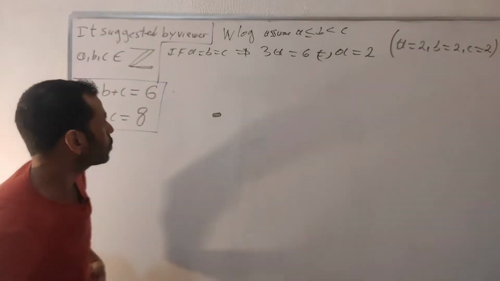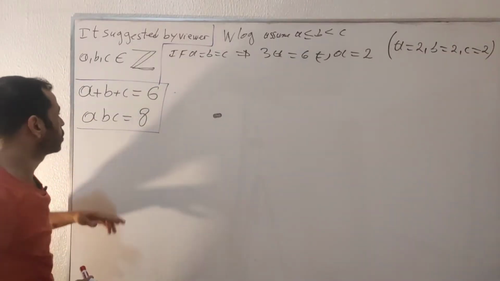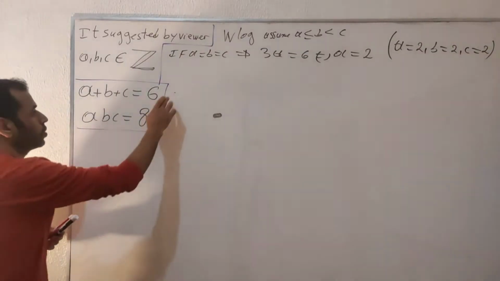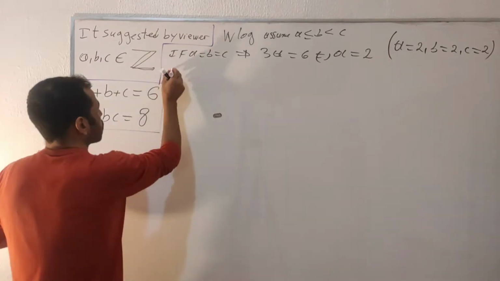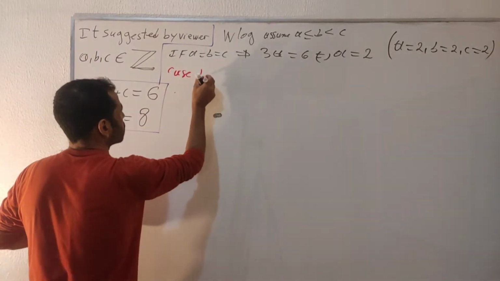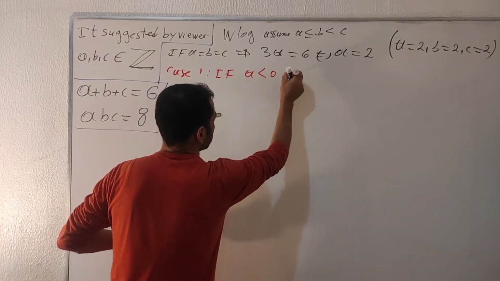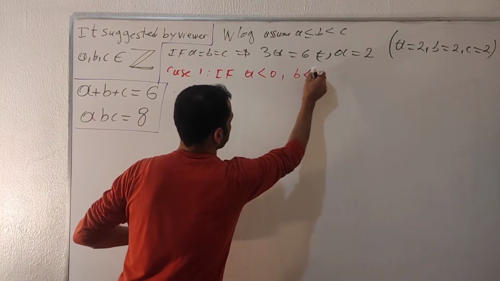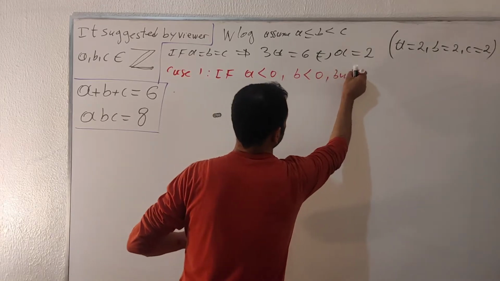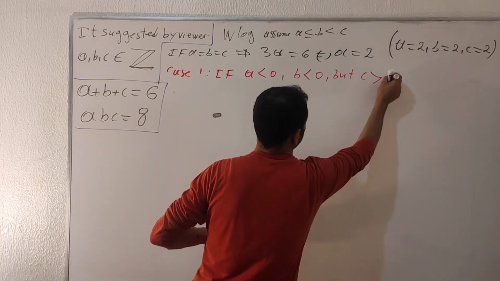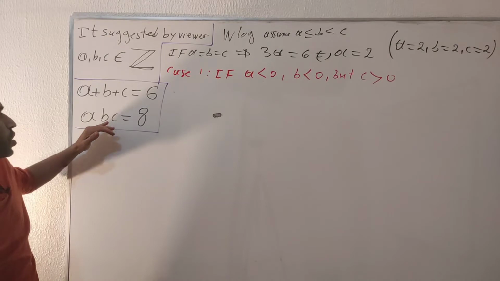We are going to prove this later. So for now, case number 1: a is strictly less than 0 and b strictly less than 0, but c strictly greater than 0, as we explained just now.